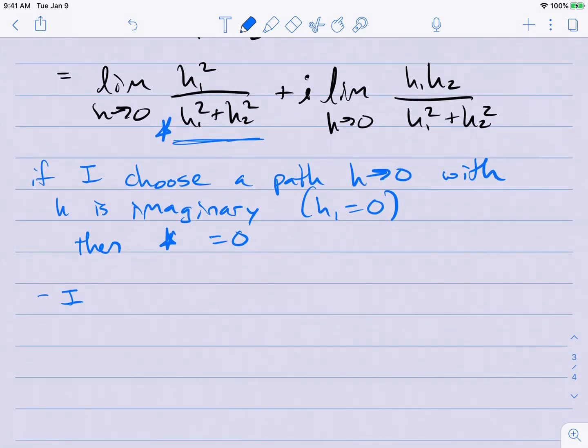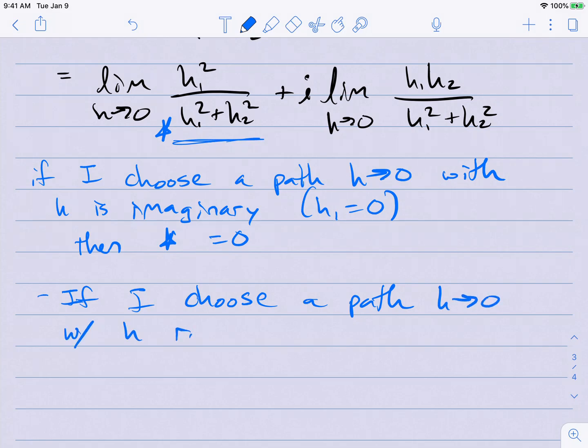But if I choose a different path, let's say purely real, it's the simplest one, with h real, so that means h2 is equal to 0, right? Then star is equal just to h1 squared over h1 squared, which is 1. And so you see that for different paths, I'm getting different potential limits.